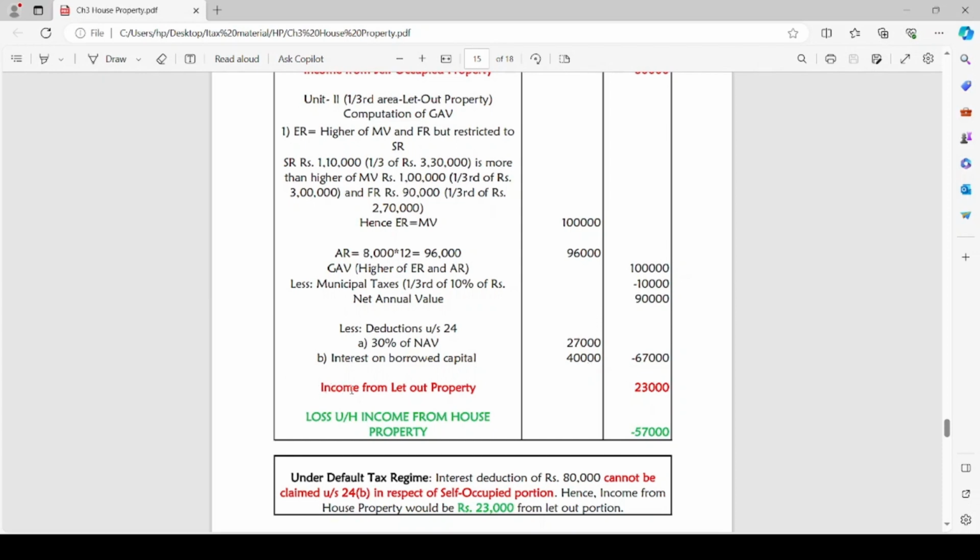We will get the same income from the let out property under both the regimes, under optional tax regime as well as default tax regime. So, the income from house property would be rupees 23,000 from the let out portion.